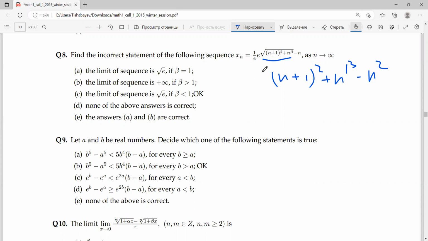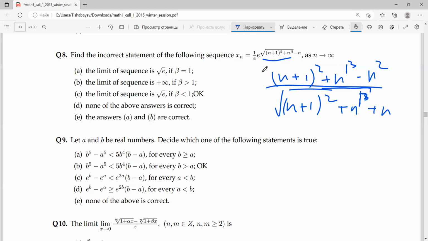So it depends on beta, of course. And we divide by this one, n plus 1 squared plus n to the power beta, minus n plus n.